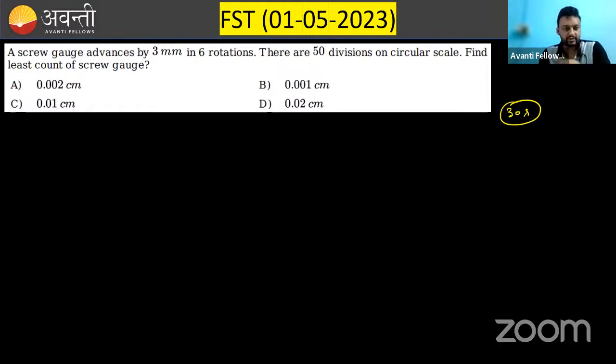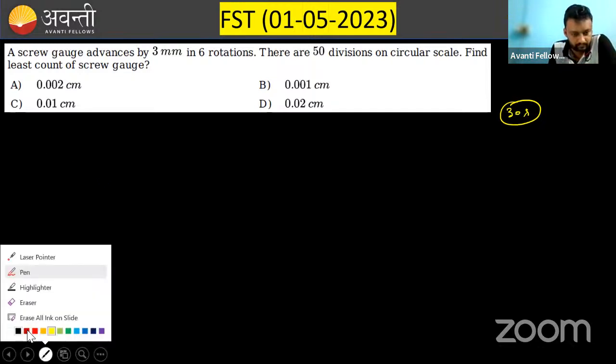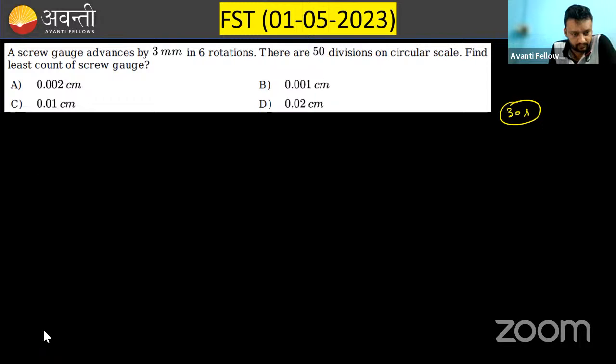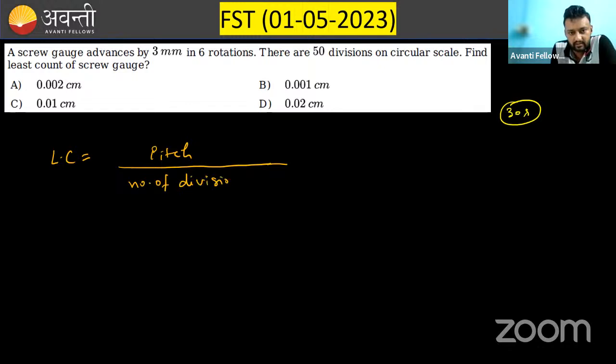Anybody remembers the formula for least count? Least count is equal to pitch divided by the number of divisions in the circular scale.